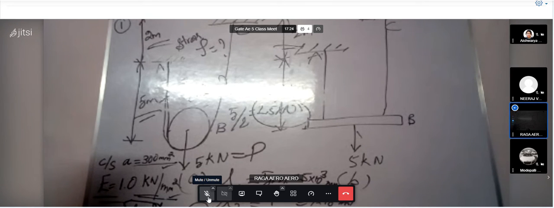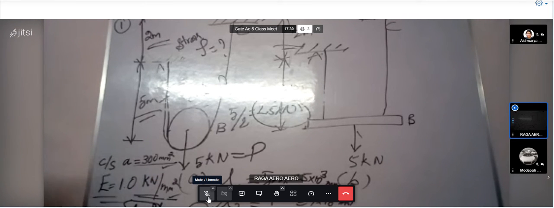Okay, your load is 2.5 kilonewton divided by your area, 300 mm square. So if you do this calculation, you will have some value. Is everyone doing the problem? You are using a calculator.